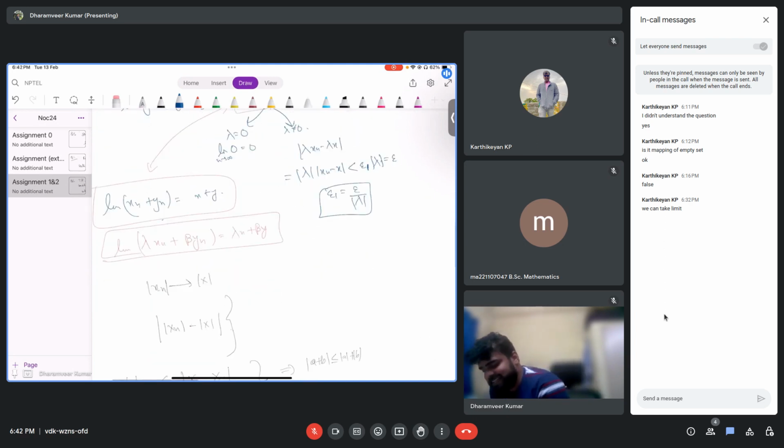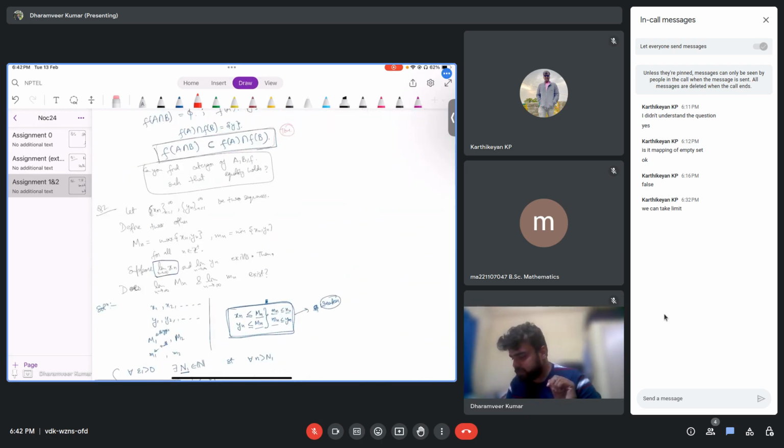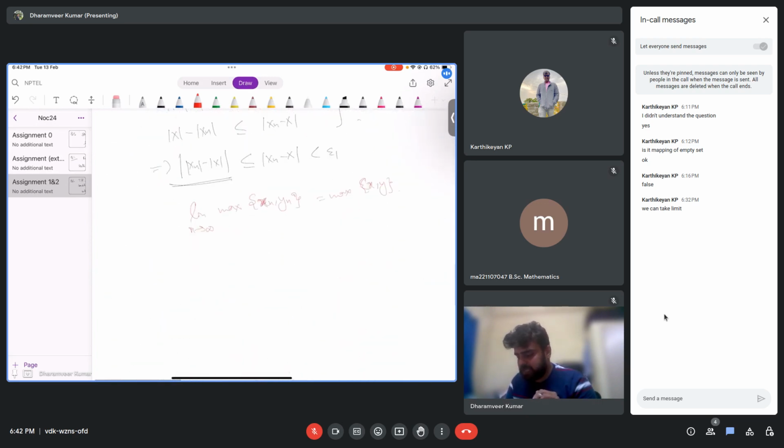So now you can also say max of xn and yn, whenever you take the limit, is nothing but max of x, y. You can take a limit inside max. This is what this question proves. Nothing else is assumed, only that this limit exists. Same goes for min.